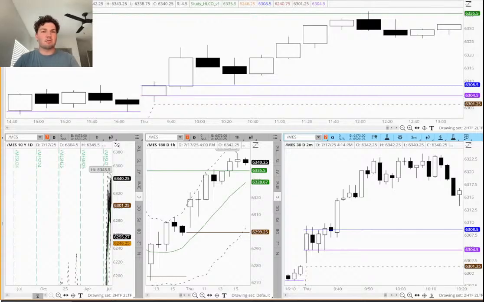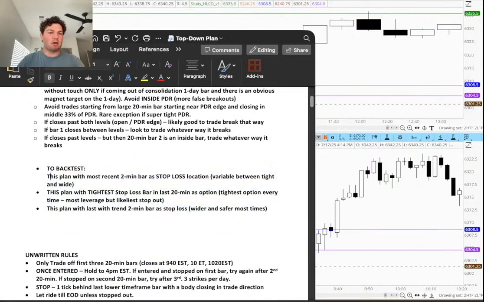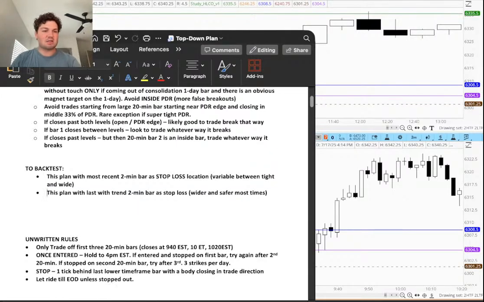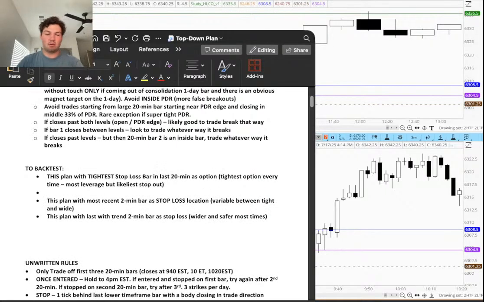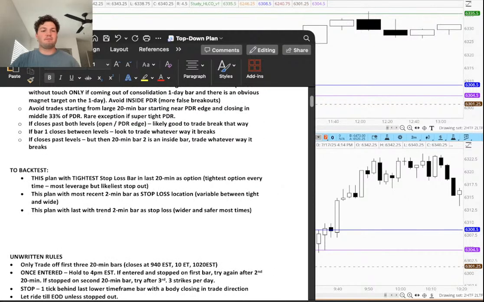Alright, so I wanted to show you guys what I'm doing. I'm going to backtest this plan with multiple different stop loss locations. This time I want to do the tightest stop loss option, which will give us the most stop outs but the highest return when we do get stopped out. We'll also do this plan using just the last bar as the stop location, which will vary between tight and wide.